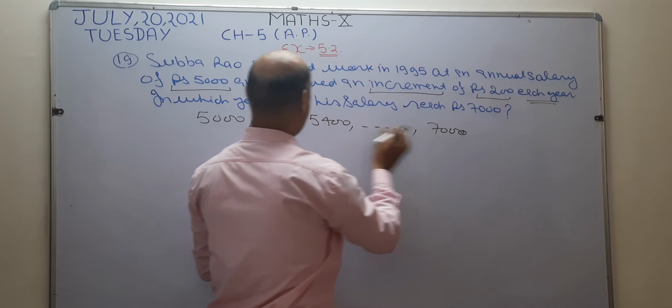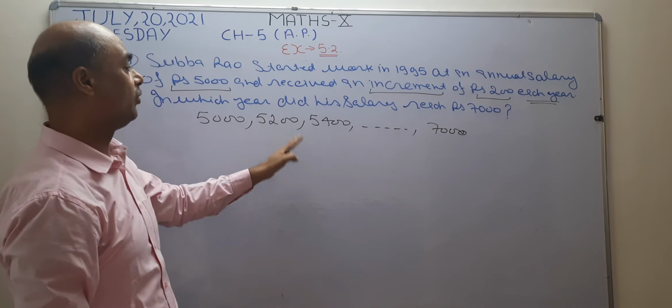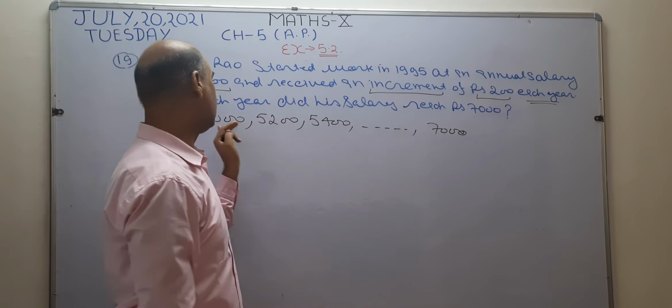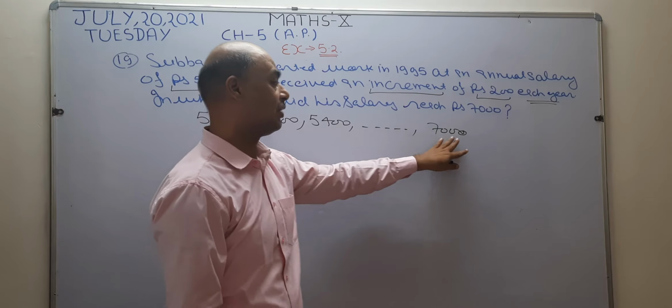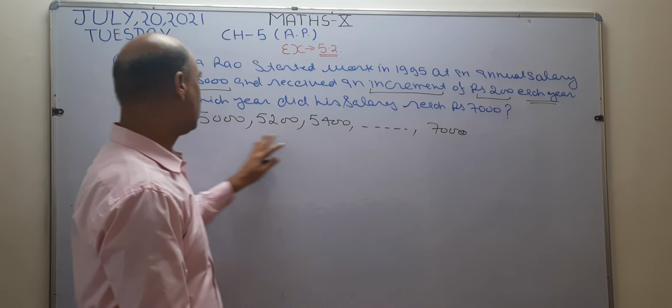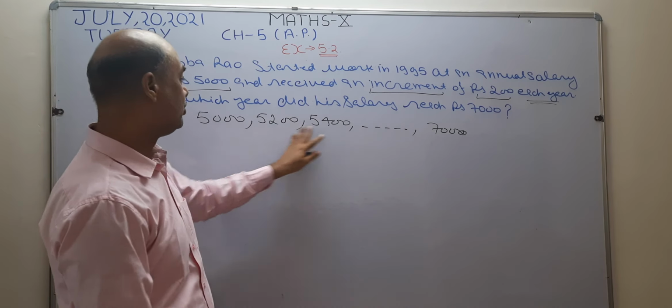Now the question is, in which year did his salary reach 7,000? Means after how many years his salary becomes 7,000? Since this is an AP, the common difference is the same.